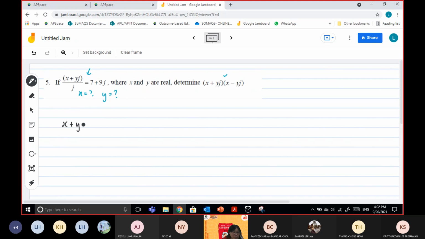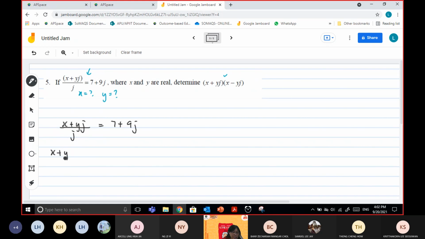(x + yj)/j = 7 + 9j. The left hand side is a division, but at the bottom we only have a j.